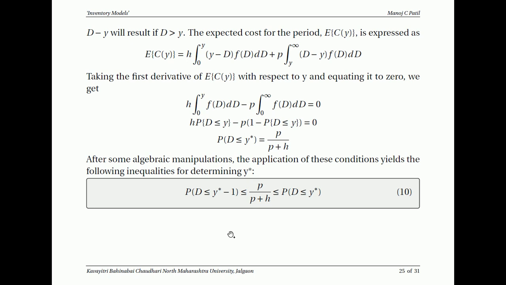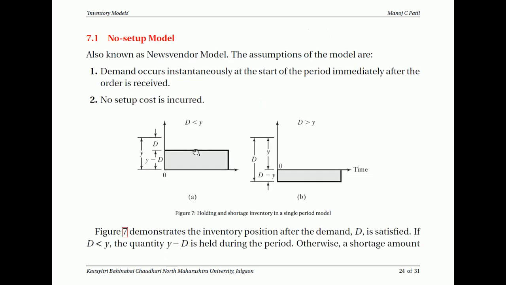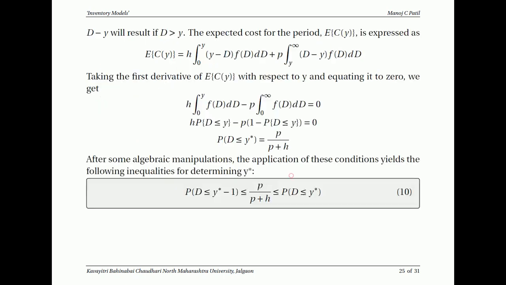So, the expected cost for the period. Now for this period, he has to hold every y minus d units for the whole day, and he has to pay something for that. That is the holding cost. And if he could not sell due to the shortage, then he has to pay some penalty. We can obtain the probabilities using y minus d, f of d, same as whatever we had done before, from 0 to y, as the demand is less than y, and here demand is greater than y.